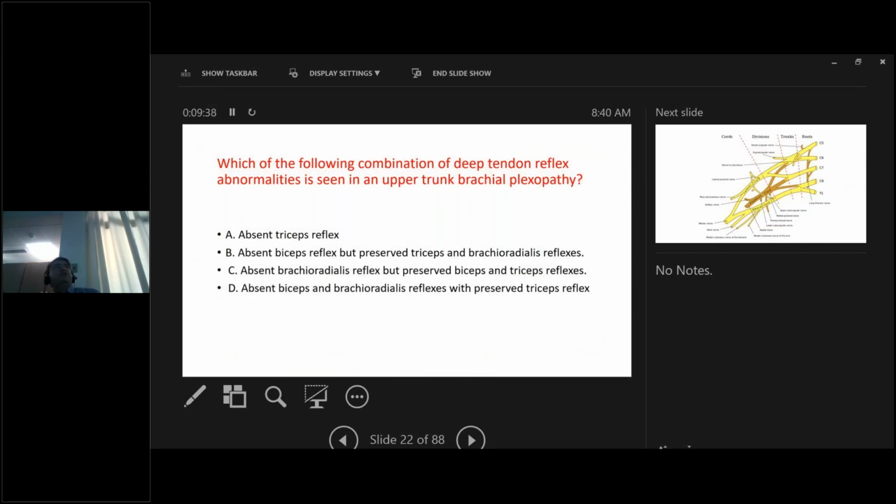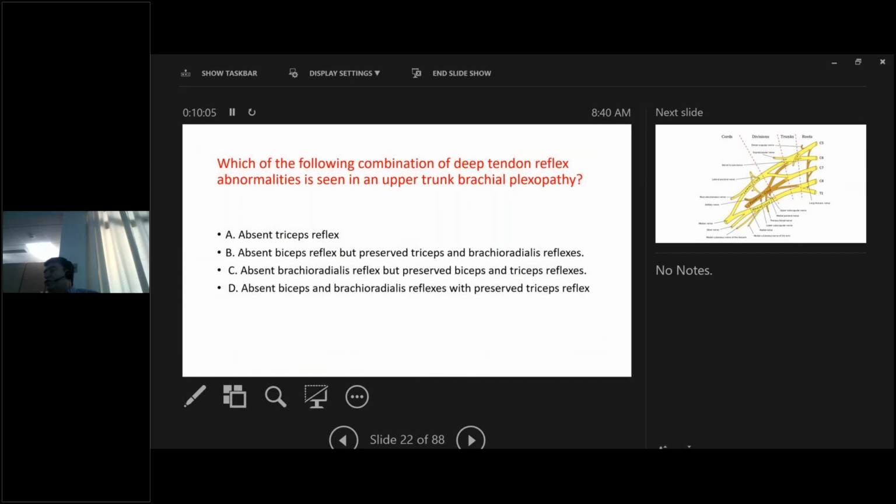If we change the question: which combination of deep tendon reflex abnormalities is seen in lower trunk, Abu Nayib? Which reflex will you lose with lower trunk? The triceps? Lower trunk is made of what? C8 and T1.